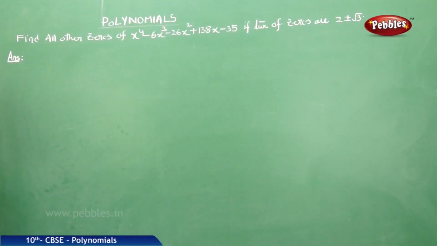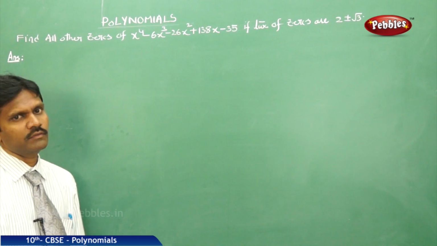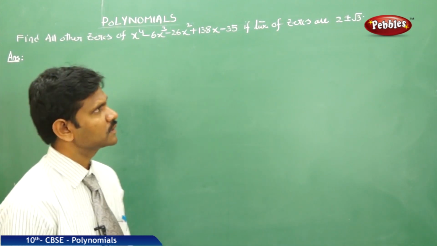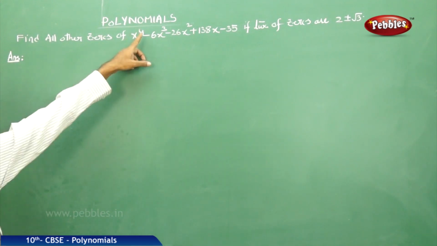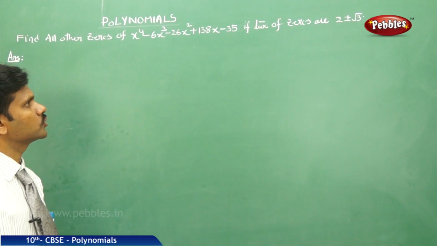Find all other zeros of the polynomial x power 4 minus 6x cube minus 26x square plus 138x minus 35 if two of the zeros are 2 plus or minus root 3. Here the degree of the polynomial is 4, that means we can expect altogether 4 zeros.